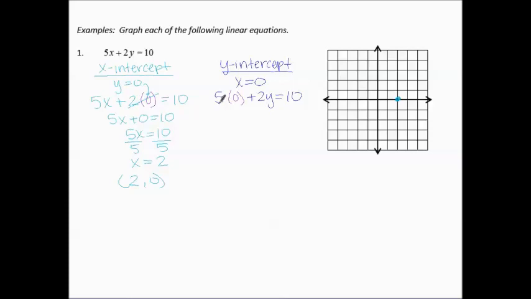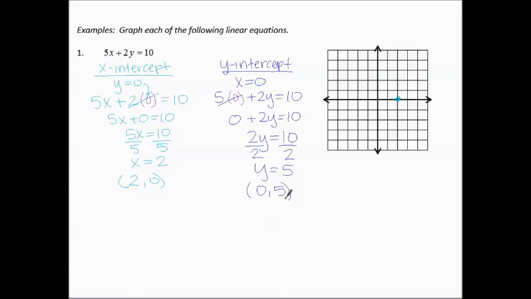So now the same thing will happen. 5 times 0 will cancel because 5 times 0 is 0, plus 2y is equal to 10. 0 plus 2y gives me 2y is equal to 10. And lastly, I'm going to divide both sides by 2. y is equal to 10 divided by 2, which is 5. So the y-intercept is the point (0, 5).